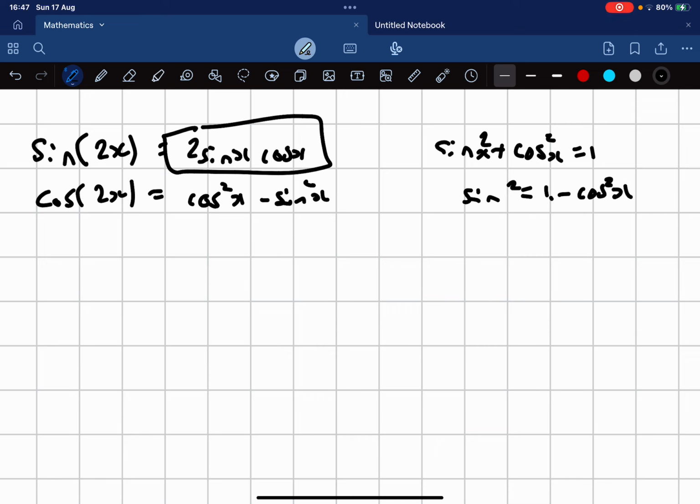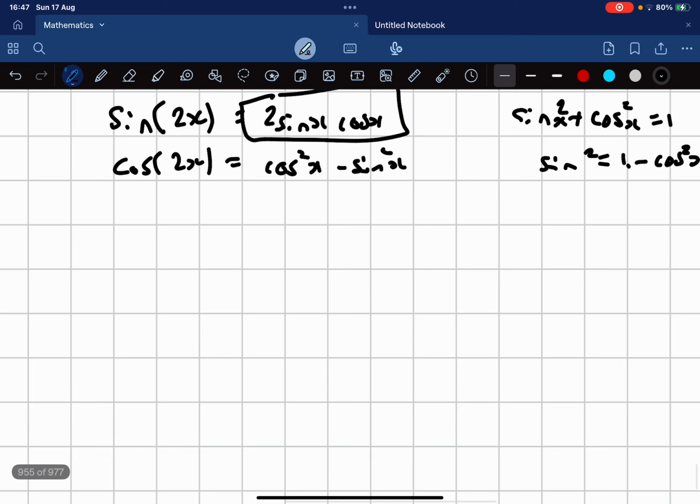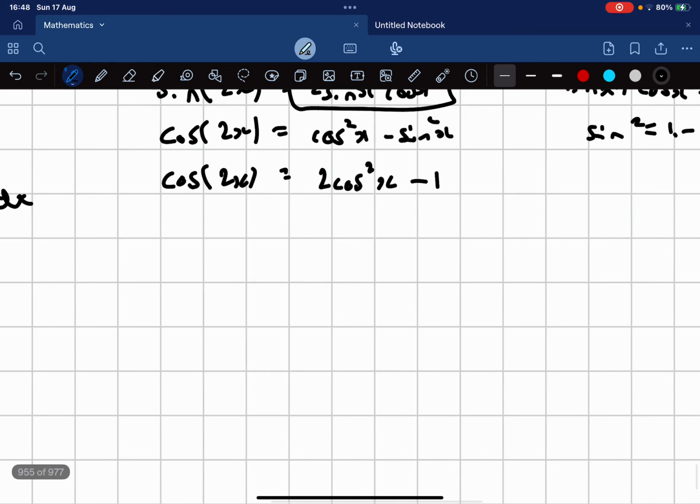So to find our reduction for cos squared x, because we have a double negative when we plug in 1 minus cos squared x, we have cos of 2x being equal to 2 cos squared x take away 1. So you can simply rearrange and you have cos squared x being equal to (cos of 2x plus 1) divided by 2.